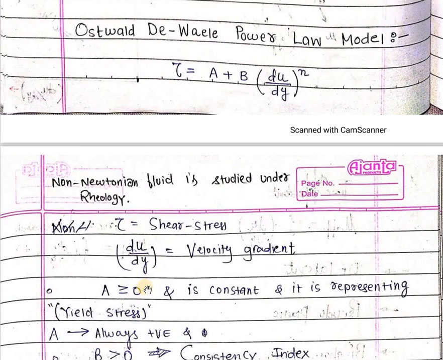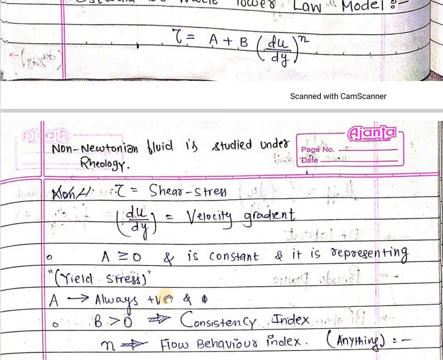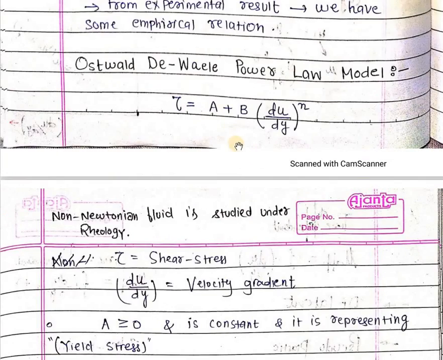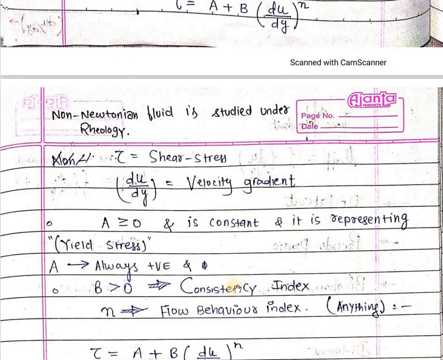A is a constant whose value is greater than or equal to 0 and is representing the yield stress. B is always greater than 0. B is the consistency index and n is the flow behavior index. The value of n can be anything.